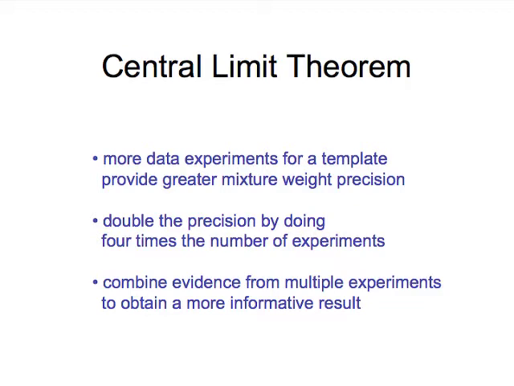This is another example of how to use standard likelihood ratio methods to combine evidence from multiple experiments in order to obtain more informative results. By multiplying the likelihoods together and then multiplying by your prior probability, you can arrive at the posterior distribution of the mixture weight variable of interest.